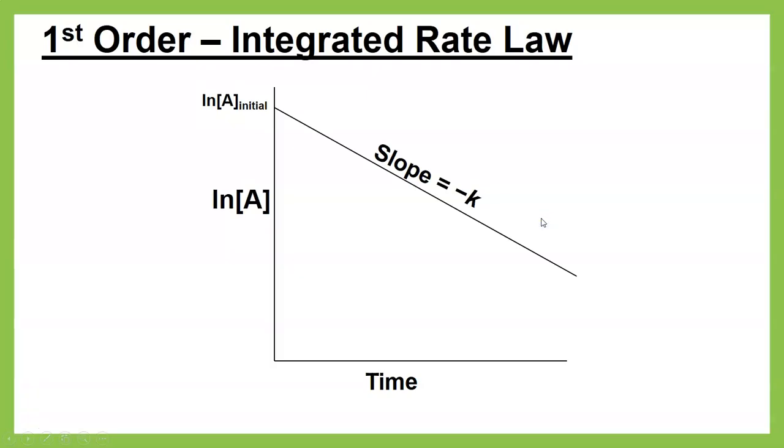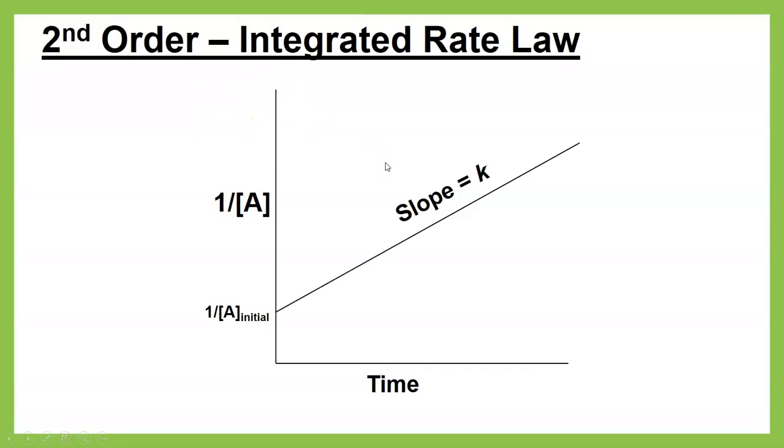So for first order, the slope is negative k. And look at what your intercept is: natural logarithm of your starting amount. For second order, your slope is k. And your intercept is 1 over your starting amount.